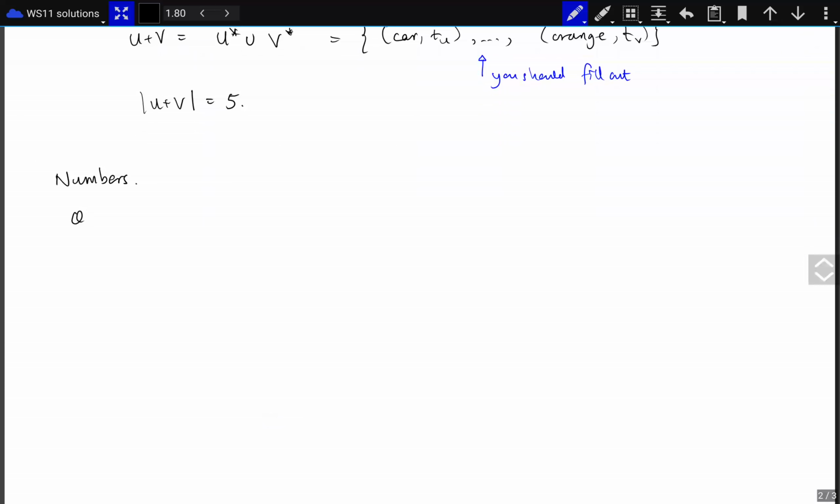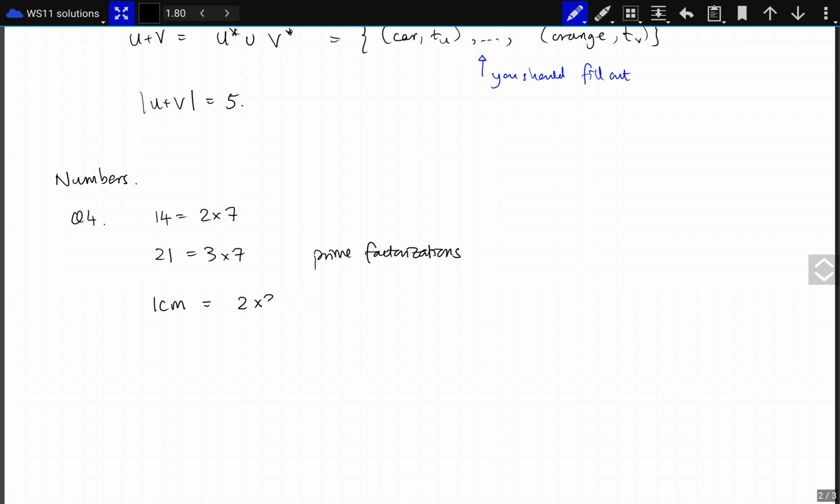So question 4, we have that 14 is equal to 2 times 7. That's the prime factorization. 21 is 3 times 7. And so the least common multiple, LCM, is the smallest number which 14 and 21 both divide into.